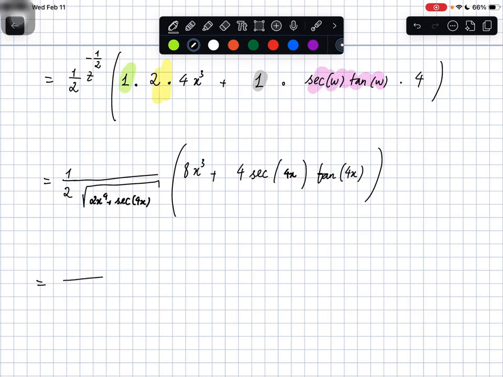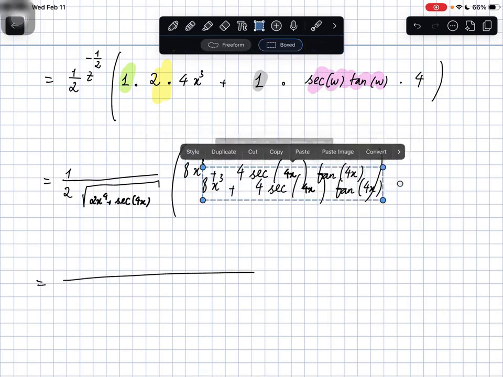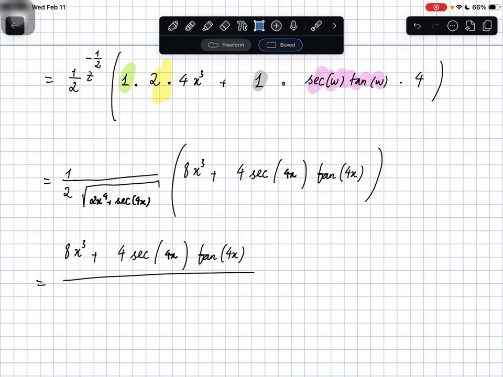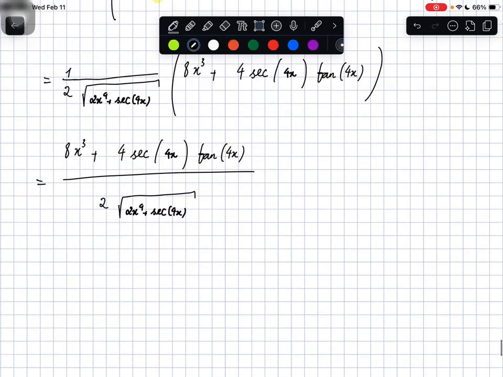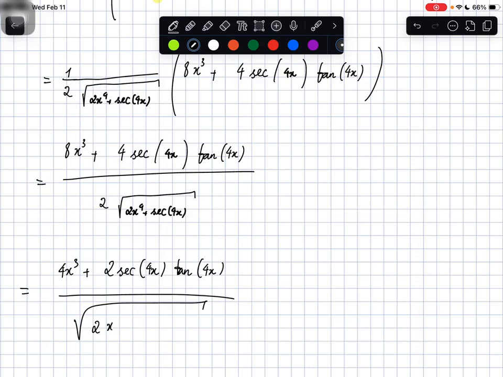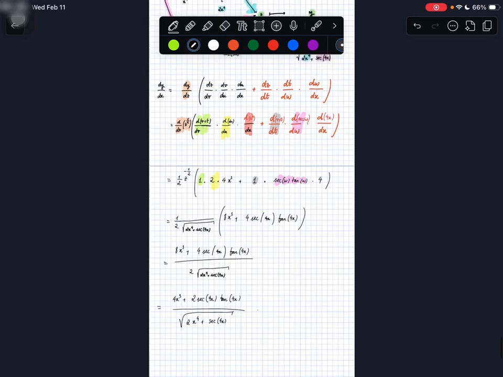So eventually we get this term divided by 2 times this. You can cancel the 2 out. 4x cubed, 2 secant 4x tangent 4x, square root of 2x to the 4 secant 4x. So it's very lengthy, and this gives us this.